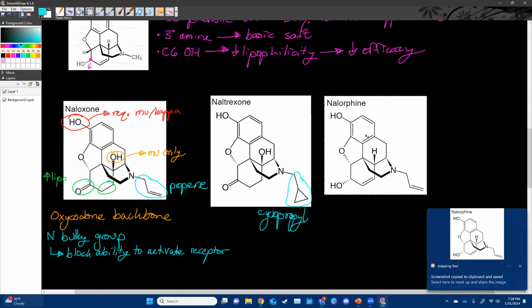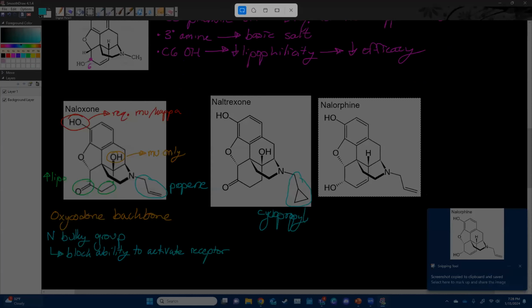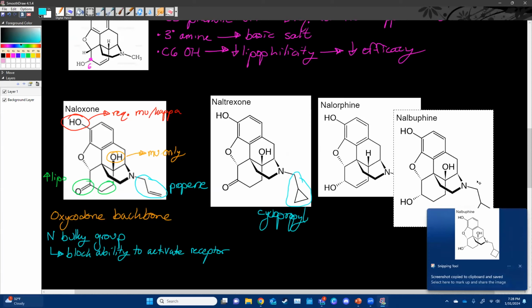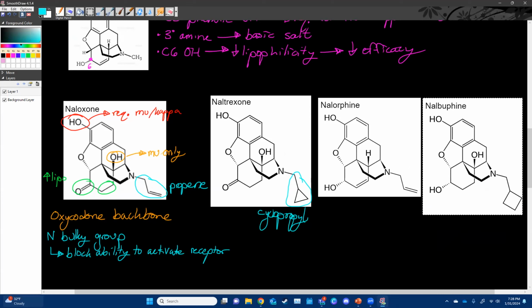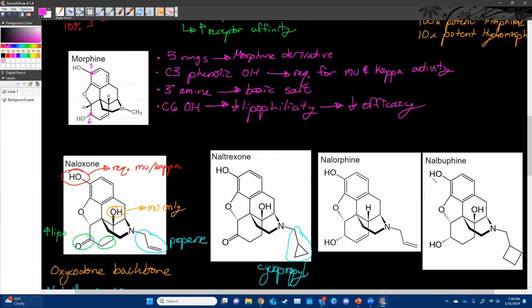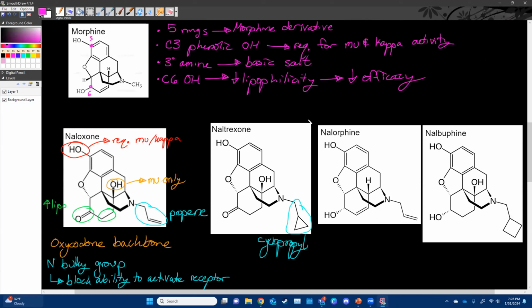Next up, we have nalorphine and nalbuphine. By the way, let me know if any of these drugs are not on your list, and then I will not talk about them. So one of the important things that we should do is figure out what the backbone is.